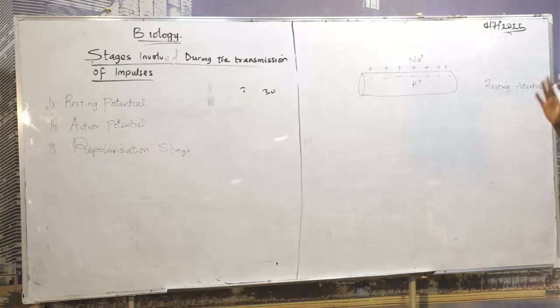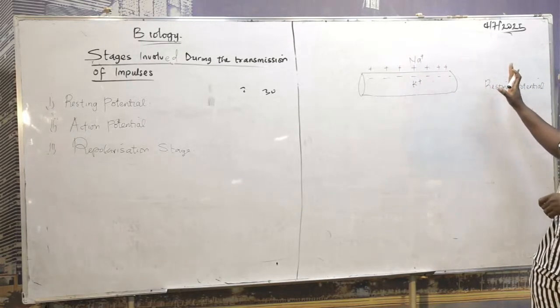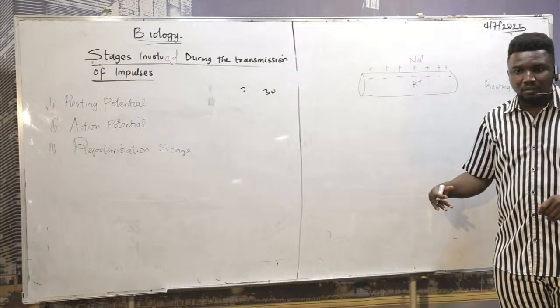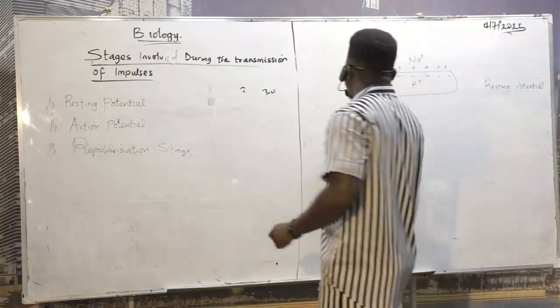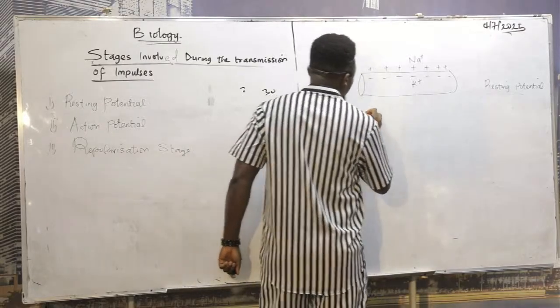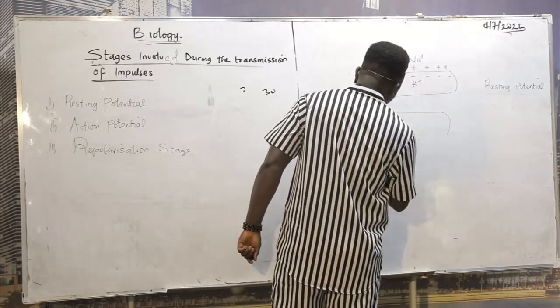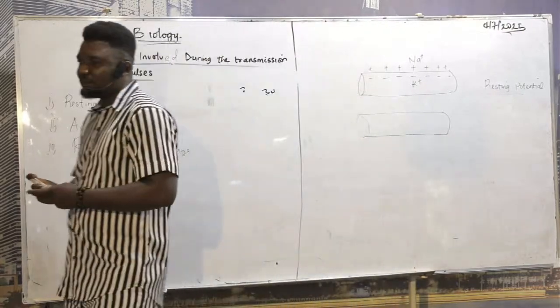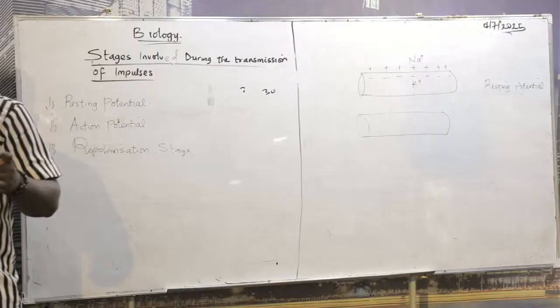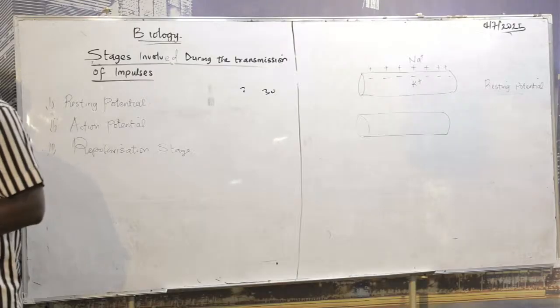So when it is at rest, there is positive outside and negative inside. Do you understand this part? But immediately, there is an influx of impulses. What happened? The nerve cell becomes depolarized.